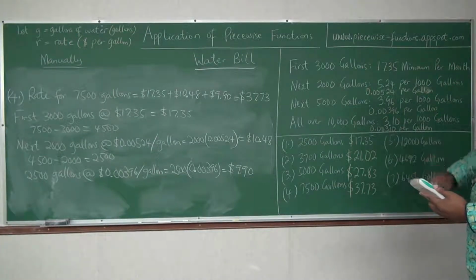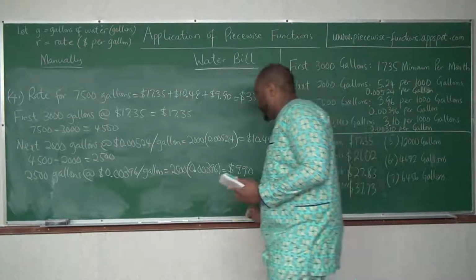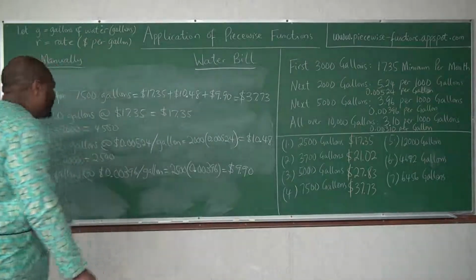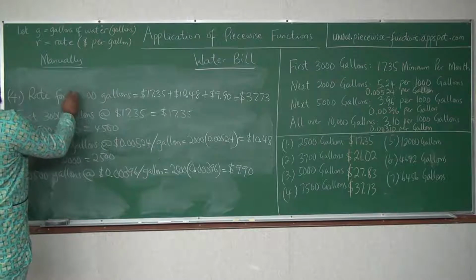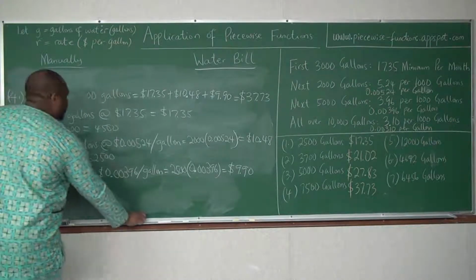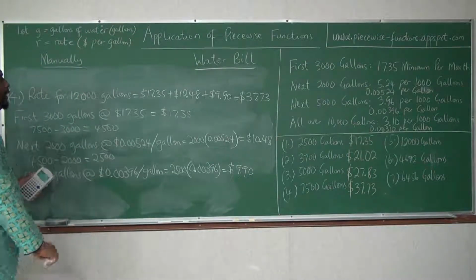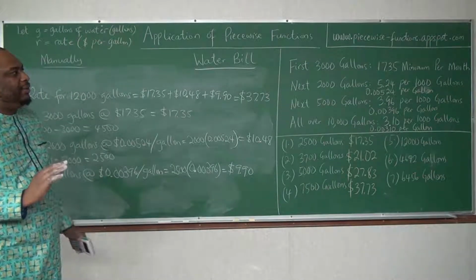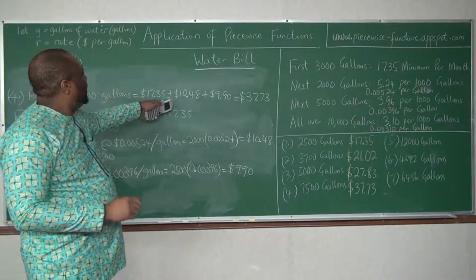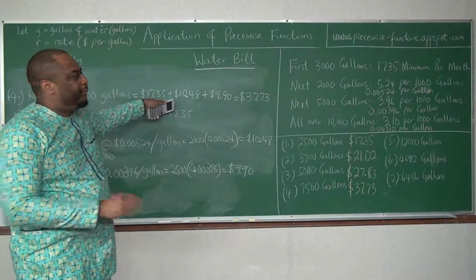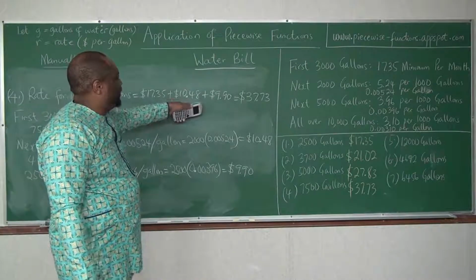All right, let's do the 12,000 gallons. So with 12,000 gallons, I'm going to change this here. Now let's write this, because this is the minimum for this part. This is the next 2,000 gallons.